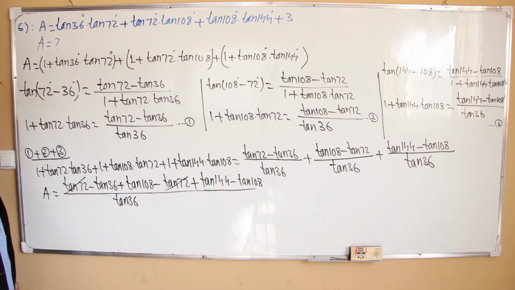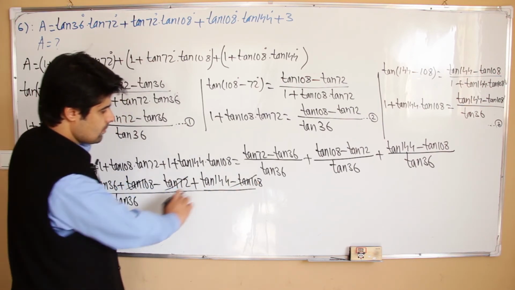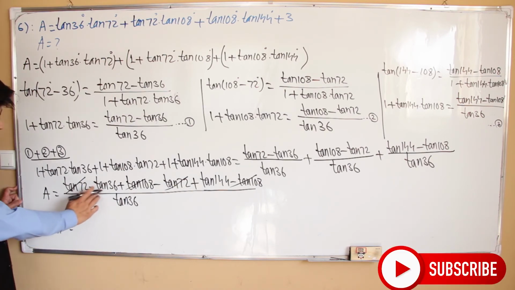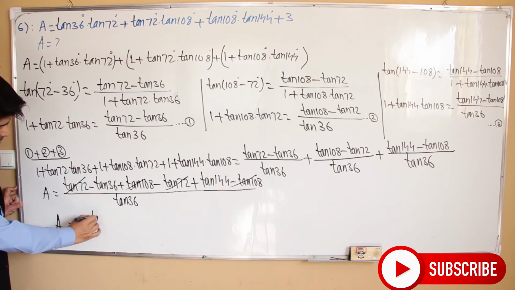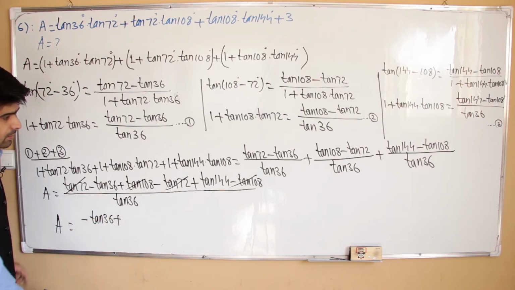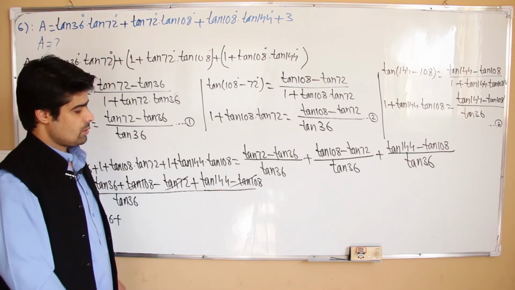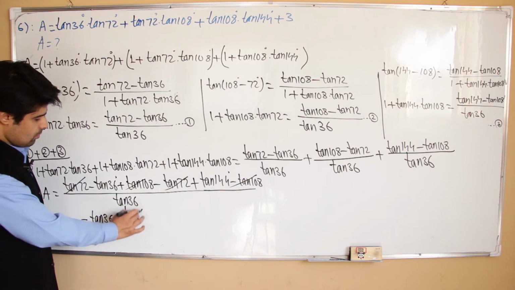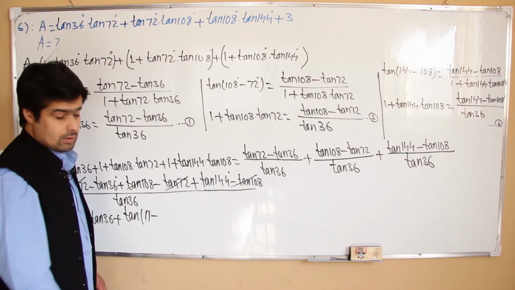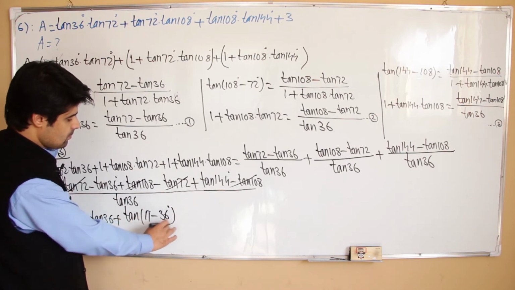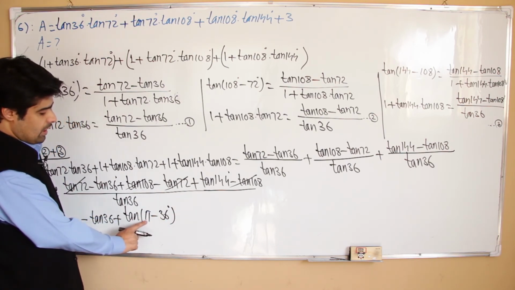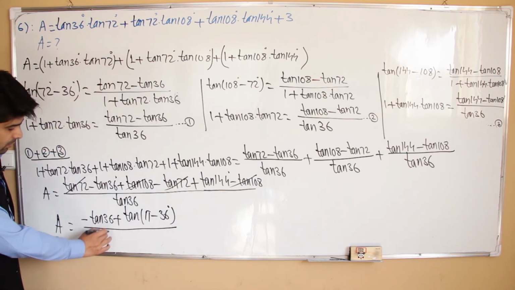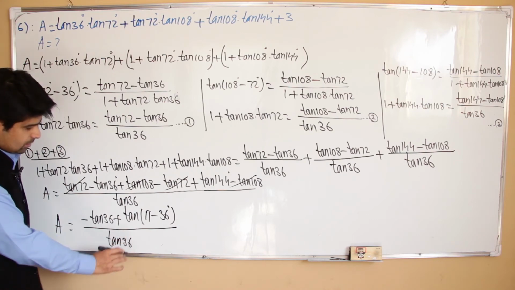Am I right? Yes. This is cancelled. So, what do we have? B is minus tangent 36 plus, instead of 144 degrees, can I write tangent pi, which is 180 minus 36? Yes, pi 180 minus 36 is 144, divided by tangent 36.